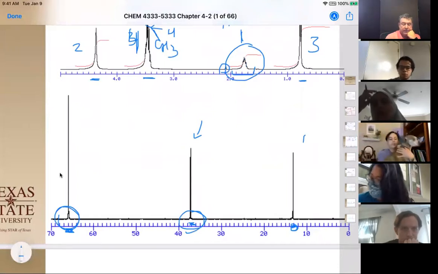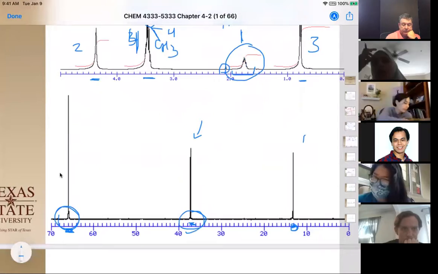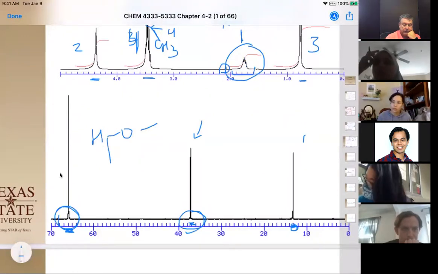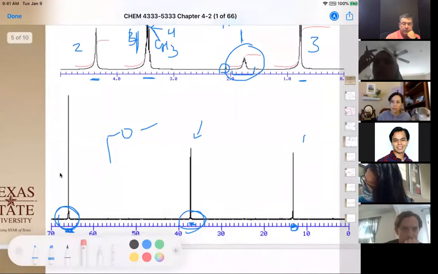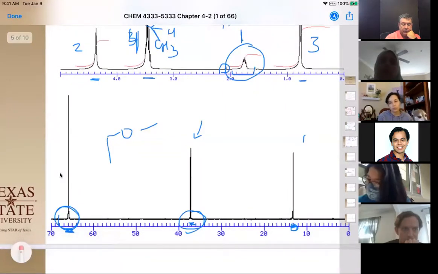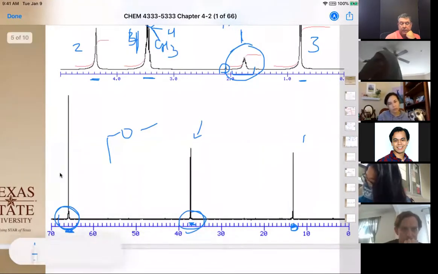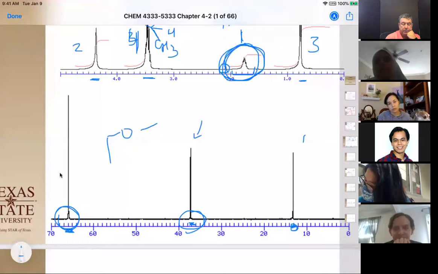The 65, yes, ether. An ether or alcohol. So this could be a slowly exchanging alcohol peak.